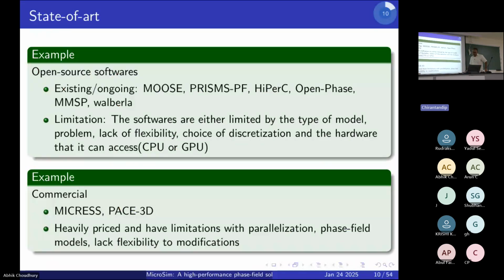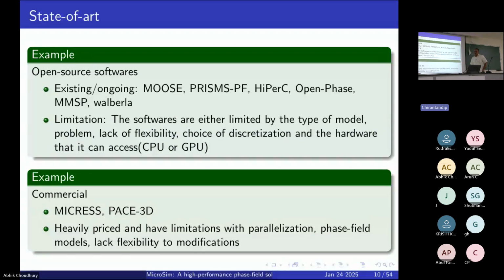Okay, so look at the state of the art for these tools. You see that the existing open source software for physical simulation, like most phase-field codes, are limited by the kind of models that we use, lack of flexibility, and also the hardware.